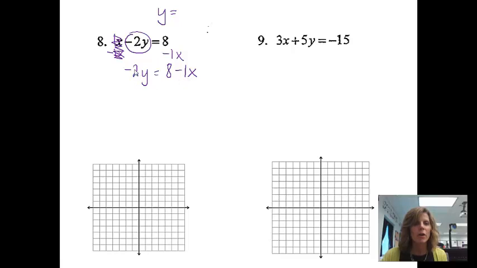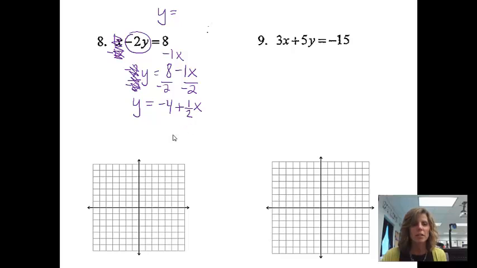And now to get rid of the negative 2, since it's multiplied, we're going to divide all three parts by negative 2. So negative 2 divided by negative 2 is just 1, so we have y equals 8 divided by negative 2 is negative 4, and then a negative divided by a negative is once again a positive. 1 divided by 2 does not divide out nicely, so we're just going to leave it as a fraction, 1/2 x.